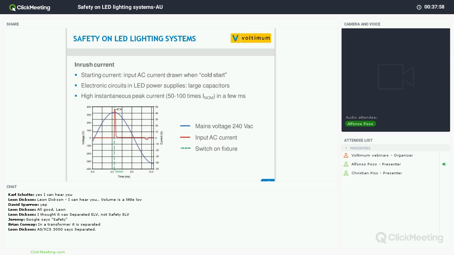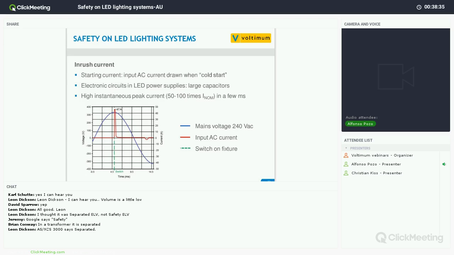Inrush can easily be 50 to 100 times the normal operating current of the equipment when power is applied, and it lasts for a few seconds, depending on the supply voltage, the wiring used, and several other factors.